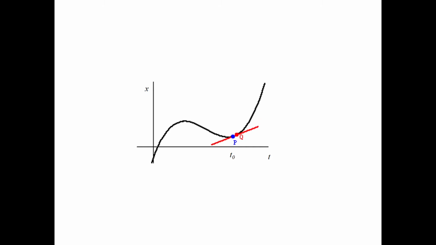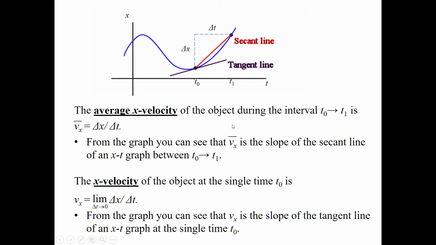So it's like you took your ruler and laid it up against the graph at time t0 here at point P. Okay? So in the same way, if I let that delta t get smaller and smaller, in other words, if I let this t0 get closer and closer and closer to t1, this secant line is going to get closer and closer and closer to what we call the tangent line to the curve at t0.